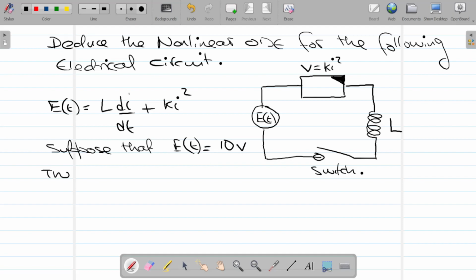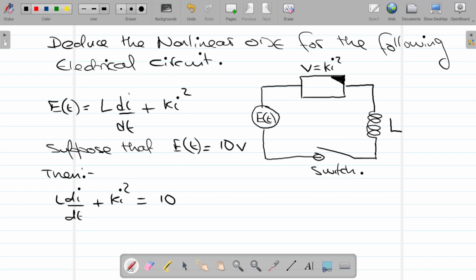Then what we have is L di by dt plus Ki squared equal to 10.